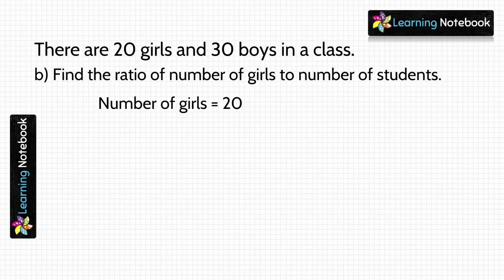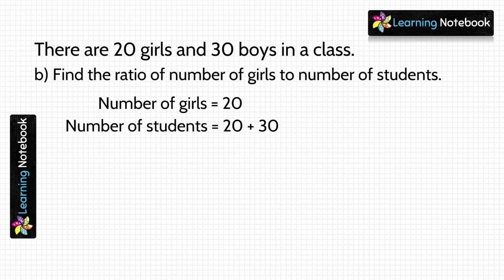Number of girls equals 20. Next we have to write number of students, which means we have to find total students in the class, which is nothing but the sum of number of girls as well as number of boys.